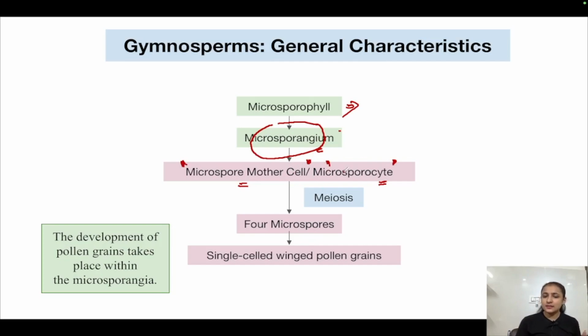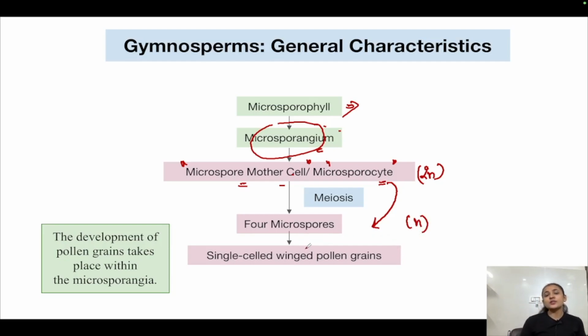Both are the same terms, just different names of the same cell. We can call it microsporocyte or microspore mother cell. Now this cell is a diploid cell. When it will undergo meiosis, it will form 4 haploid microspores.